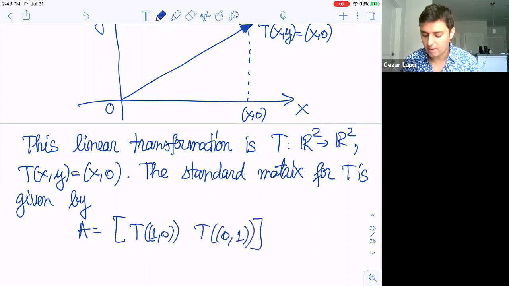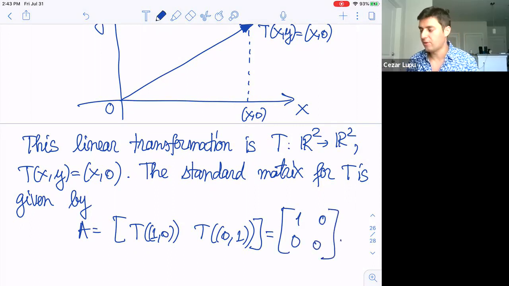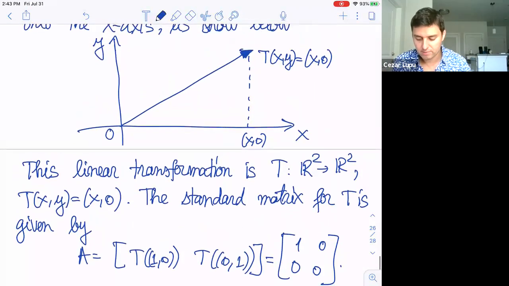And it's quite clear that this will be nothing else than 1, 0, and 0, 0. That's the standard matrix for the projection on the x-axis, which is a linear transformation, right? You just look at the picture. You project on the x-axis, so the second component will be 0. So T of x, y is x, 0.